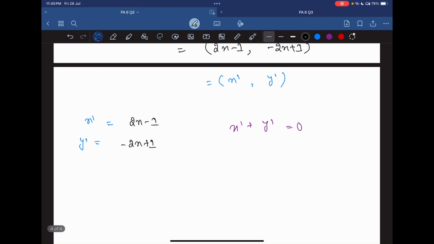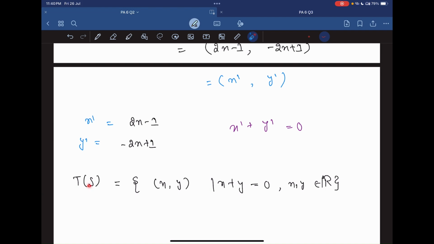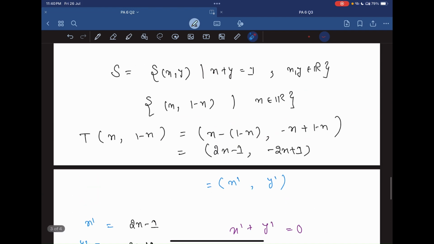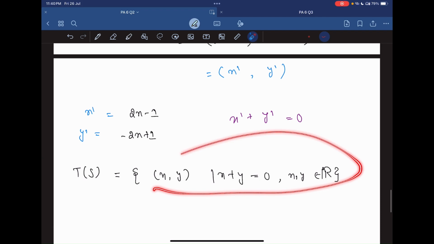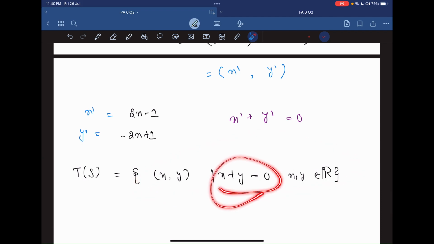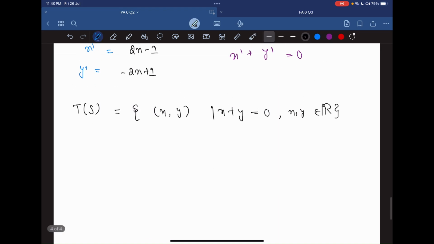Hence, our T of S is the set of all (x, y) such that x plus y is equal to 0, where x, y belong to R. So the image of the set S with respect to this linear transformation would be a line passing through the origin such that x plus y is equal to 0. And as discussed before, the graphical representation of this line would look something like this.